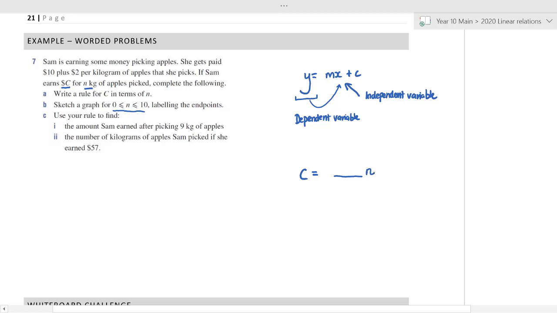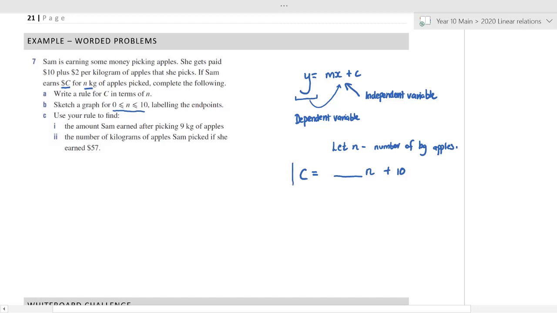Plus she gets $10, plus $2 per kilogram. Notice that she gets plus $10 no matter what. If she doesn't pick any apples, she still gets $10. So $2 per kilogram. We've been told that N is the number of kilograms of apples picked.